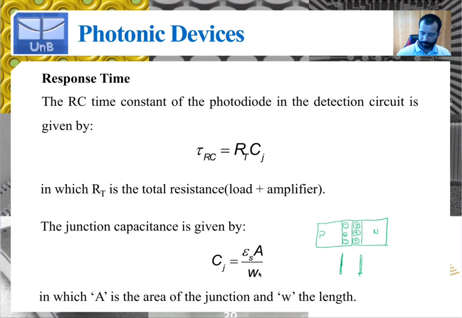Although they have a spatial distribution here, you have a positive charge on one side and negative charge on another side, just as you would have if you applied a voltage across a capacitor. Now the semiconductor has a permittivity which is epsilon S. For the parallel plate capacitor, you would multiply epsilon S by the cross-sectional area, so the area of the plates here. So let's try to depict this a little bit better.